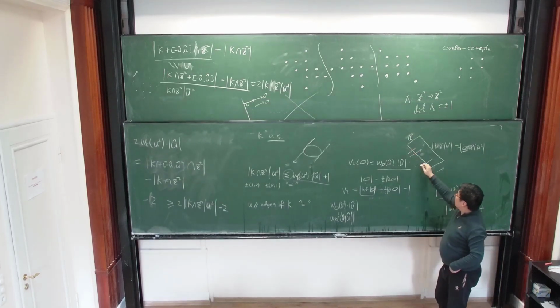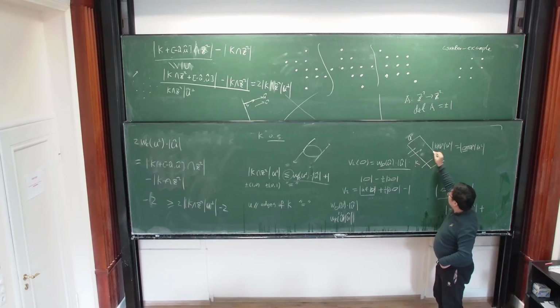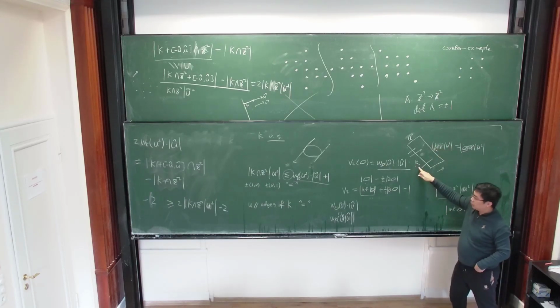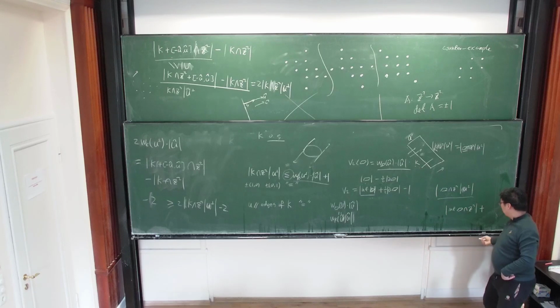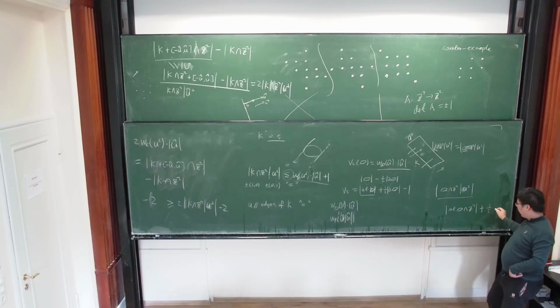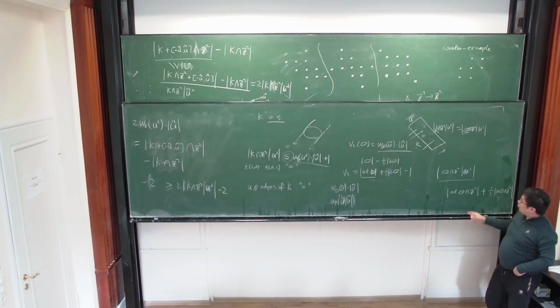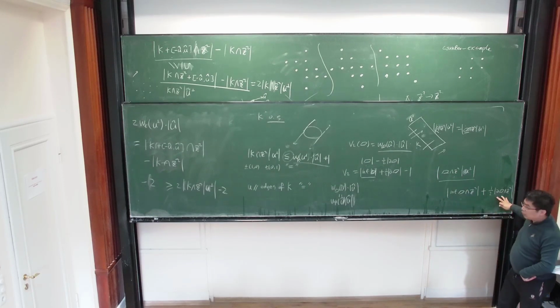For example, you have K numbers here, then you have K numbers here. Now you project, you only have K numbers. So another one is half of the boundary. So the projection will equal the interior number plus half the boundary.